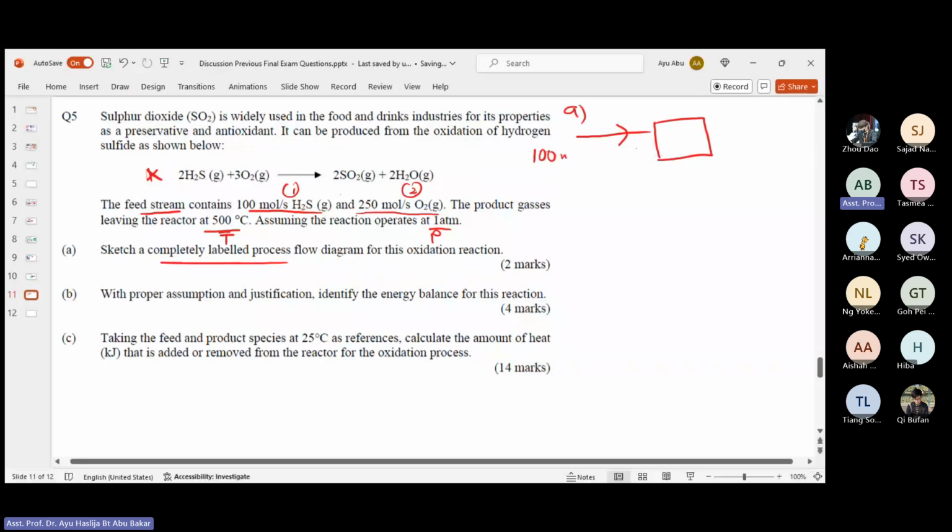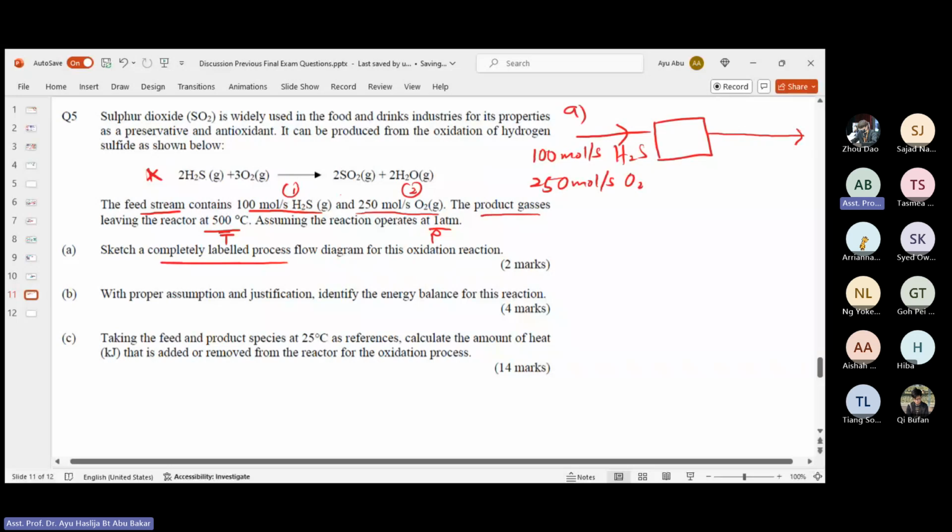Okay, 100 mole per second of H2S and 250 mole per second of O2. Okay, and product gases leaving the reactor at 500 degrees C. Product gases.